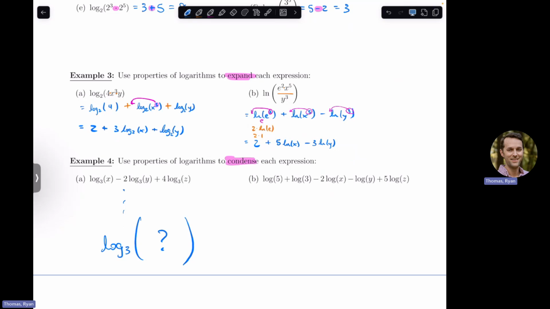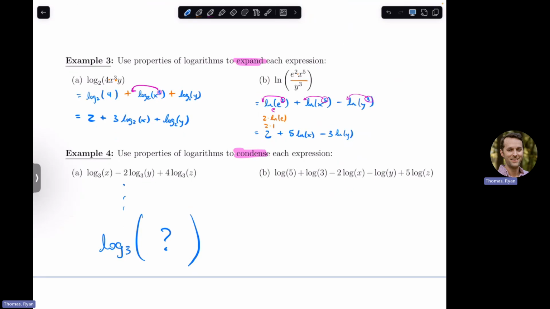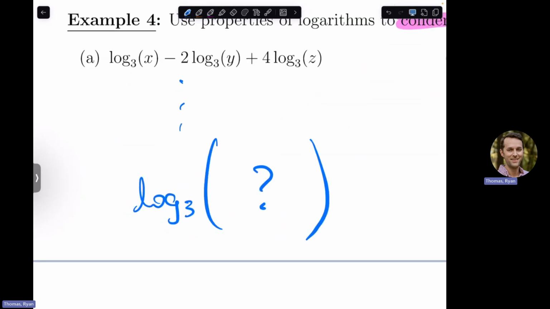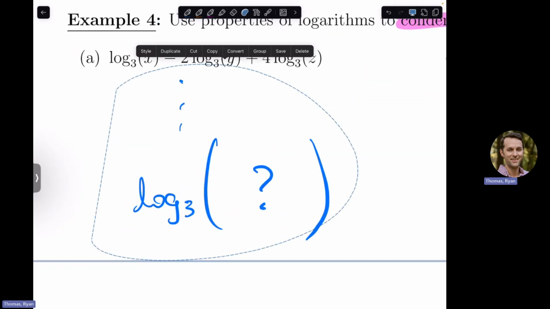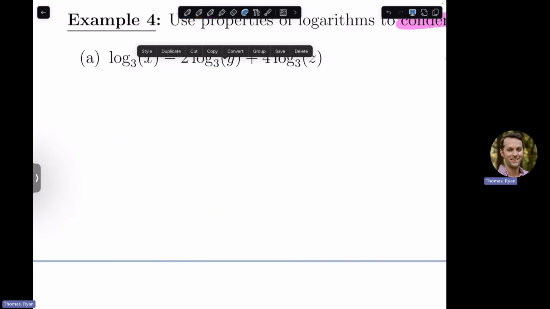This is the example for A. What's a good place to start here?